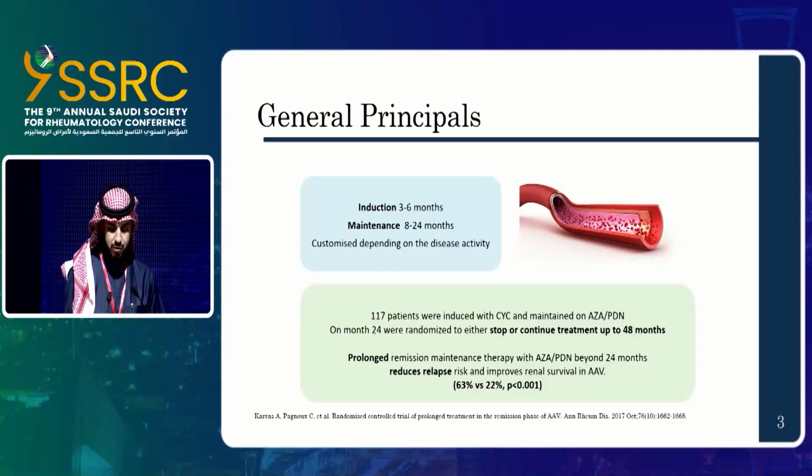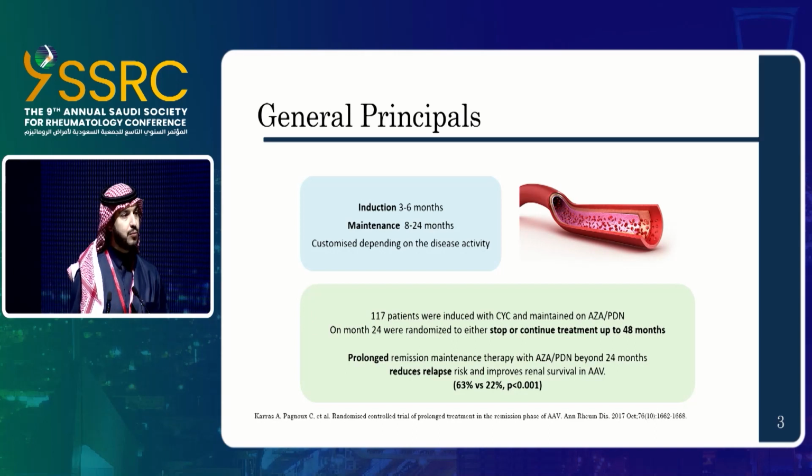One of them was published in 2017, when they took 117 patients who were induced with cyclophosphamide and then maintained with azathioprine and prednisone. At the 2-year mark, they were stratified either to continue or to stop the maintenance treatment. Of course, when they continued for another 2 years, up to 4 years of maintenance, it resulted in fewer relapses. So again, is 2 years enough? Is 4 years enough? Or maybe we need to go beyond 4 years and continue.